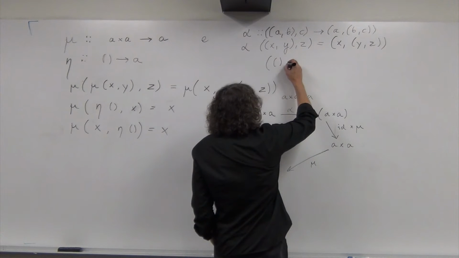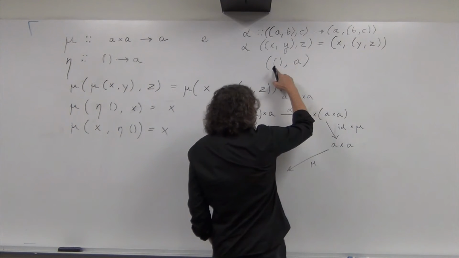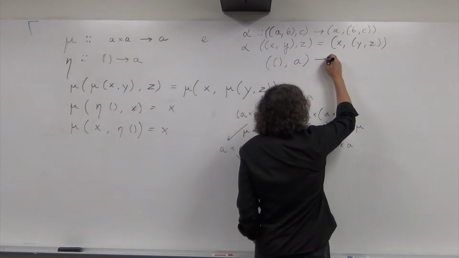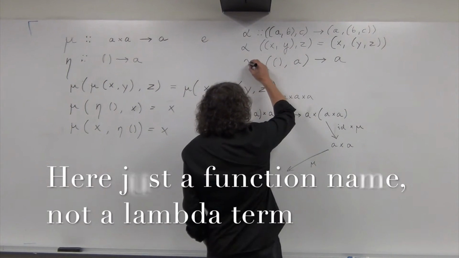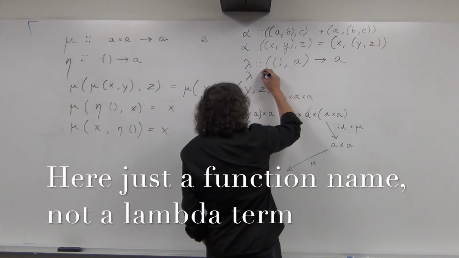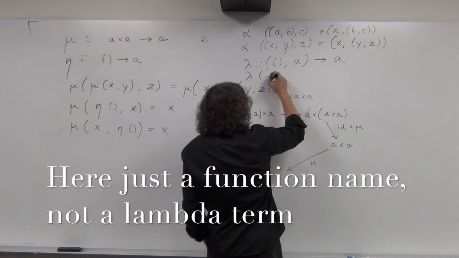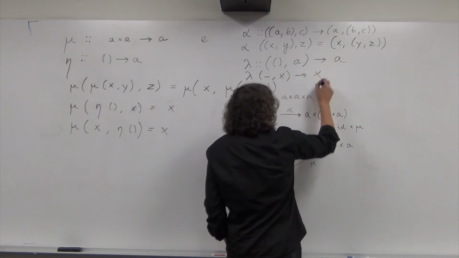So if we have a pair of unit type and A, we can transform it into just A, and we'll call this lambda. We pattern match it; here we can pattern match with anything. This is X, it just gives us X.